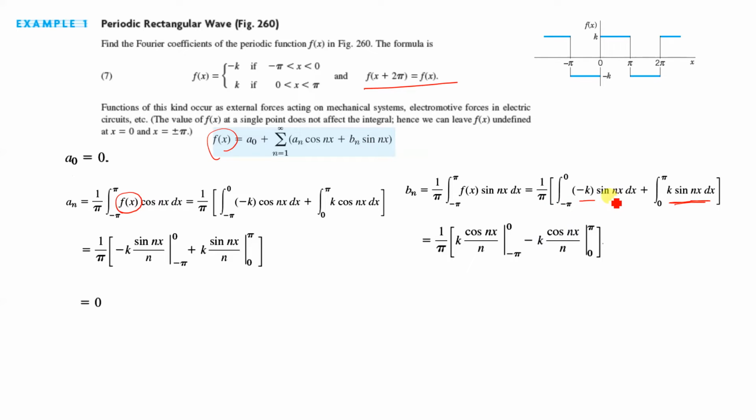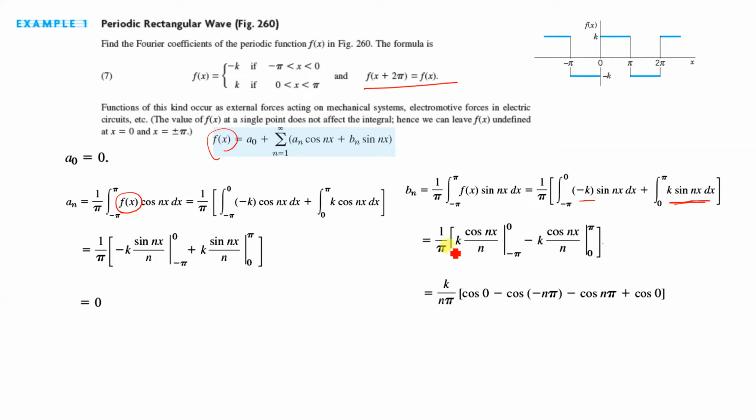The integral of sine nx is negative cos nx divided by n. So the negative will make it positive, so we cannot see a negative sign here. In this case, minus k is the constant, and the integral of sine nx is minus cos nx over n, so we can see a negative sign here. After applying limits, we have these terms like cos of 0, because when we plug in the value of x equal to 0, we have cos 0.